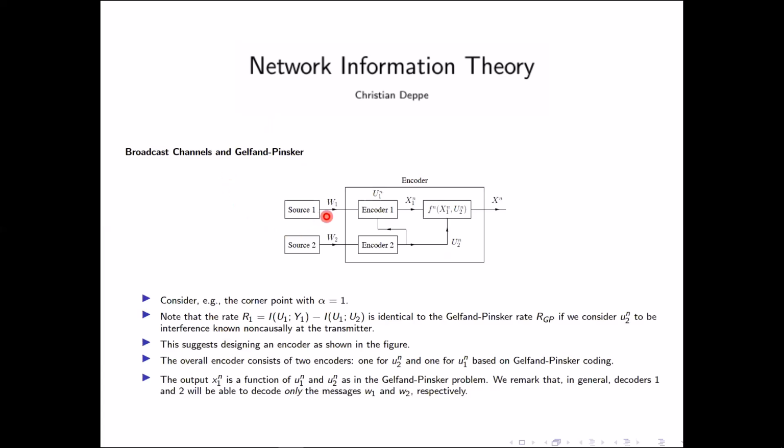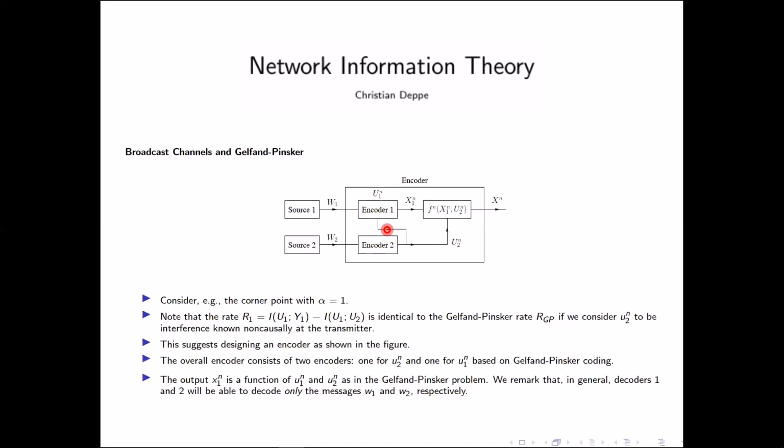The source puts out W1 and W2 and gives them to encoder 1 and encoder 2. For the case with alpha equal to 1, encoder 2 does not care and just sends everything through the marginal channel, but it gives its sequence to encoder 1.